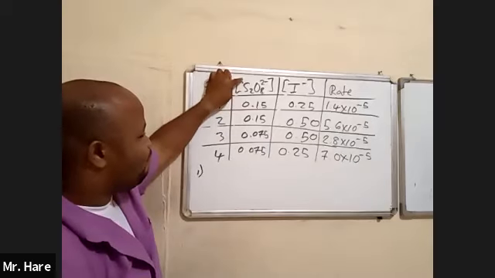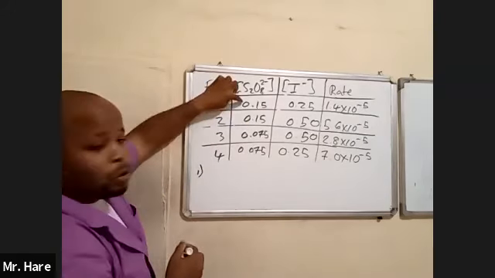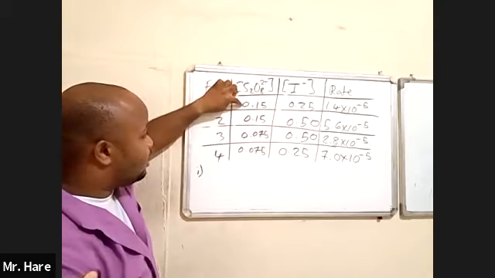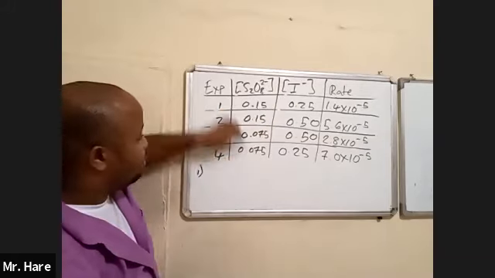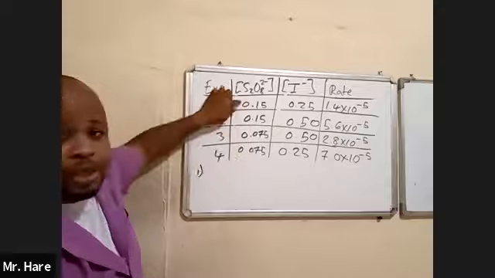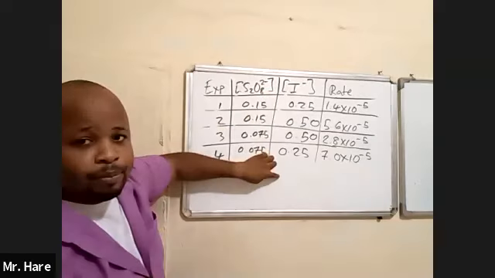So for I minus, check this one. If you use 1 and 4, because that person is correct, we change the concentration of S2O8, but the concentration of I minus is the same.